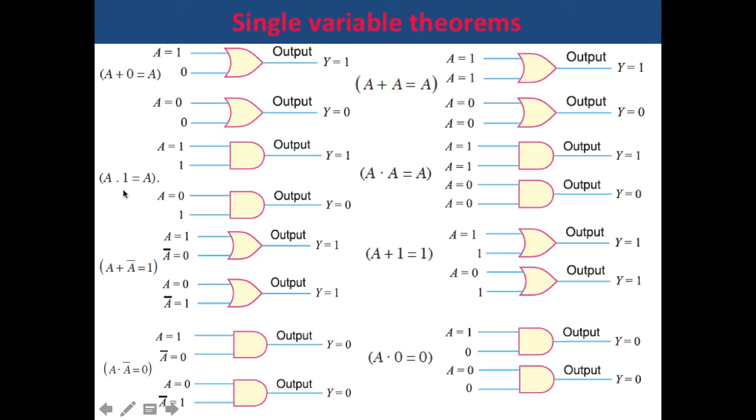Second theorem, A dot 1 is equal to A. Here also we can take A is equal to 0 and A is equal to 1 value. First we take A is equal to 0 and 1 input. So 0 into 1, output is 0, because it's dot sign, so here is the AND gate.